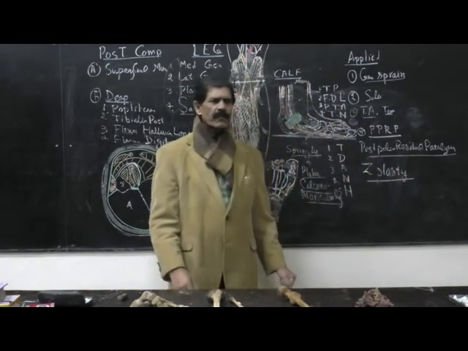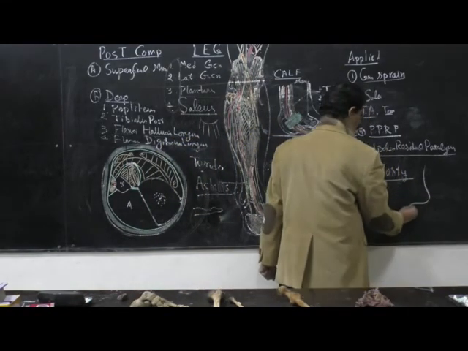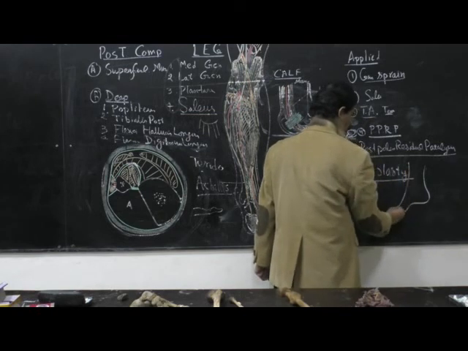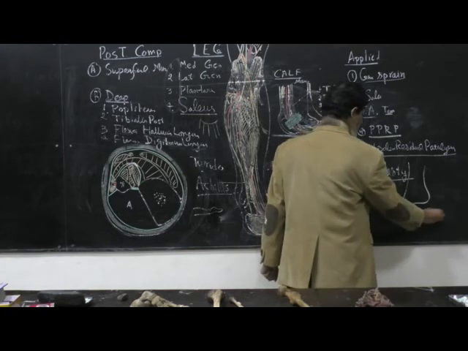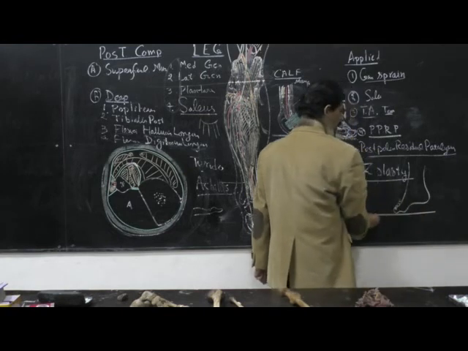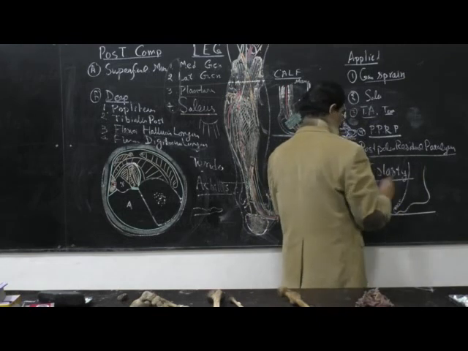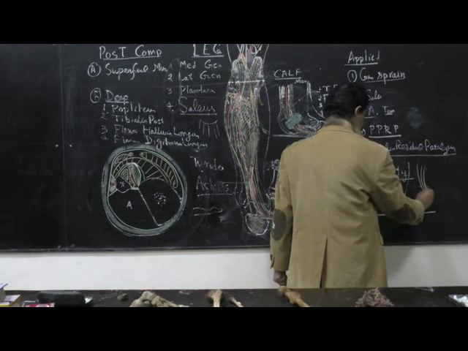So in this, what happens? The heel is raised above the ground, and that is the difficulty in walking of the patients. And the tendocalcaneum is shortened because all the muscles are shortened.